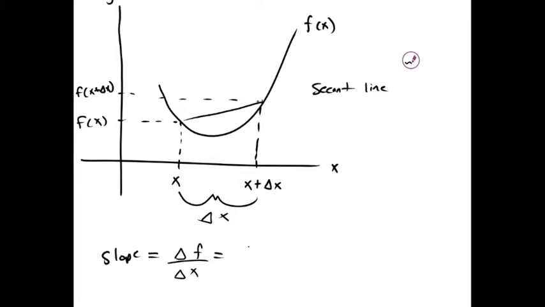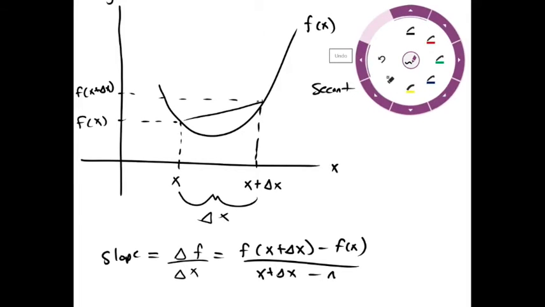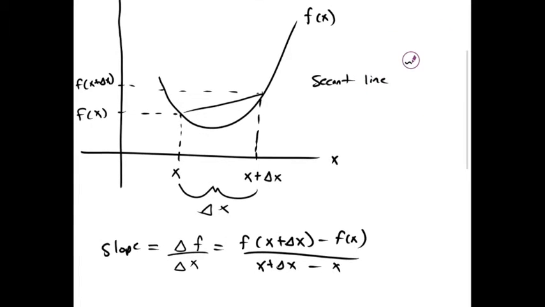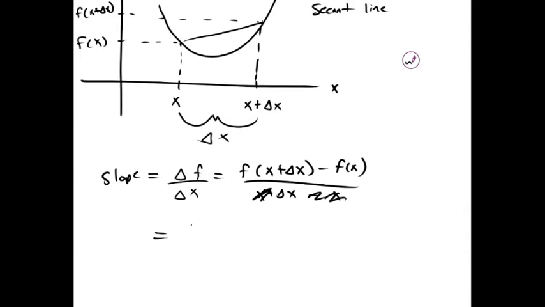This is essentially f of x plus delta x minus f of x, over x plus delta x minus x. That's rise over run, and the denominator ends up just being delta x. So the slope of the secant line is f of x plus delta x minus f of x, over delta x.